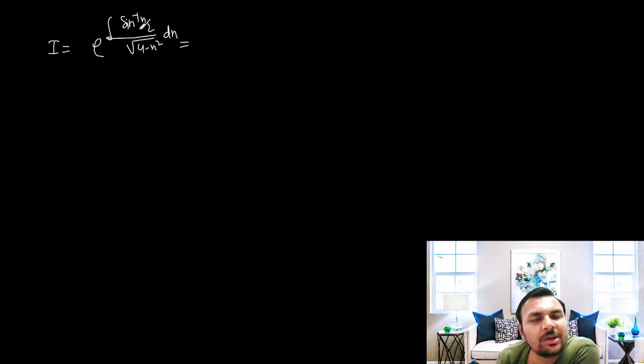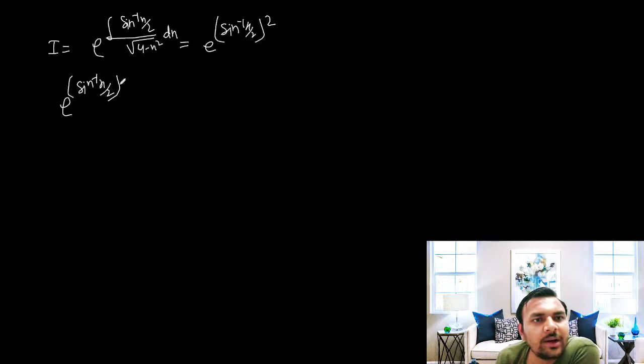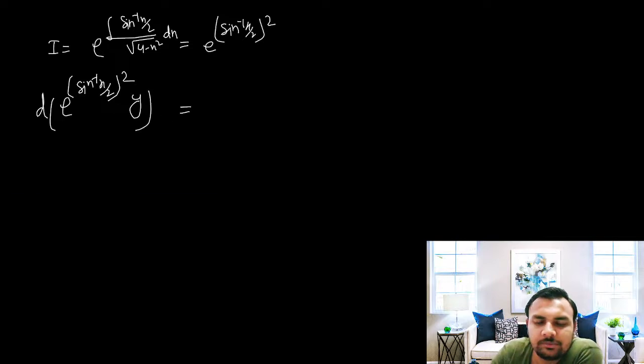This is t dt, so e to the power (sine inverse x by 2) whole square. Okay, t dt. Now we have got e to the power (sine inverse x by 2) whole square times y, differentiation of that, and this side.